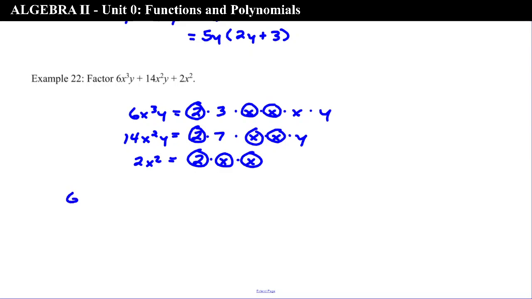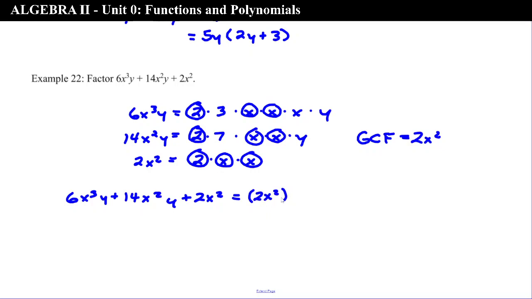So our problem was 6x to the third y plus 14x squared y plus 2x squared. So our greatest common factor is 2x squared. So that's what we're going to pull out. So we've got 2x squared times what's left in this first term. Well, we've got 3xy.